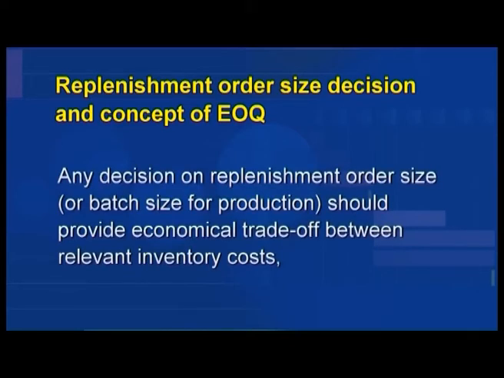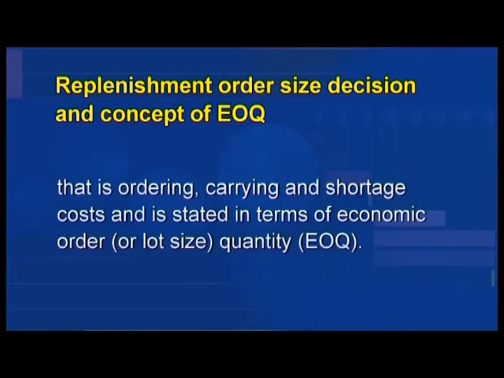Any decision on replenishment order size or batch size for production should provide an economical trade-off between relevant inventory costs, that is ordering, carrying, and shortage costs, and is stated in terms of economic order or lot size quantity, EOQ.